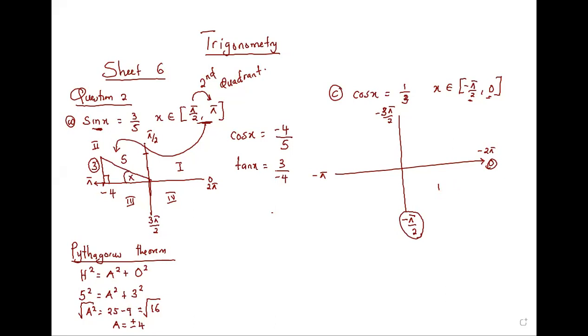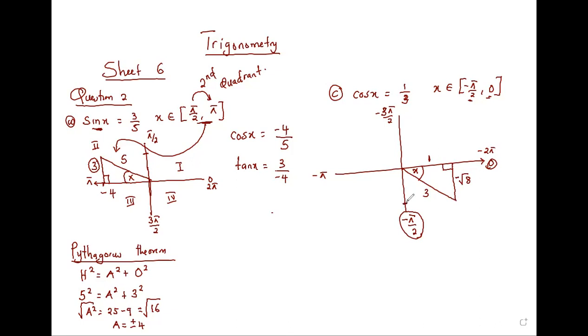Now we're saying the triangle must always have the adjacent on the x-axis. So this is x. So cos is adjacent over hypotenuse. So now we have 3 squared minus 1. 3 squared is 9. Minus 1 we get 8. So this is going to be root 8. Is it positive or negative? Negative. Why negative?